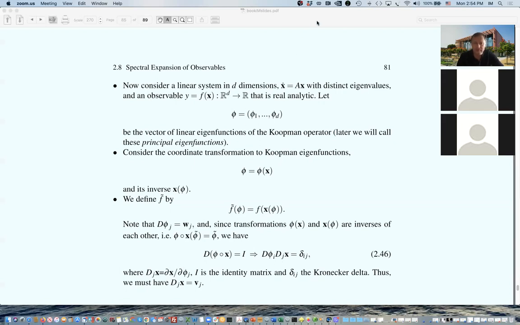And so here we have the wi. So that's this term here, times something is equal to delta ij.